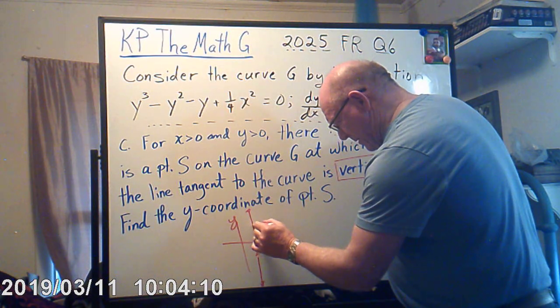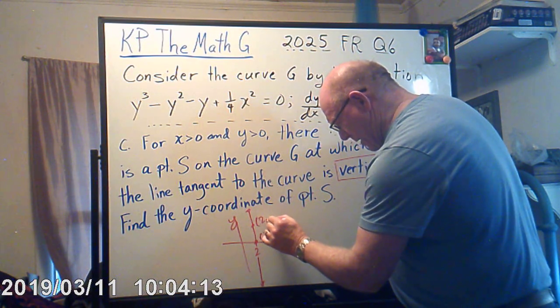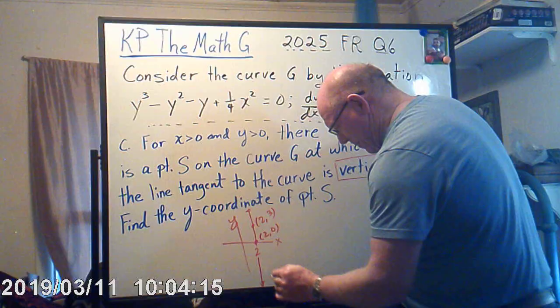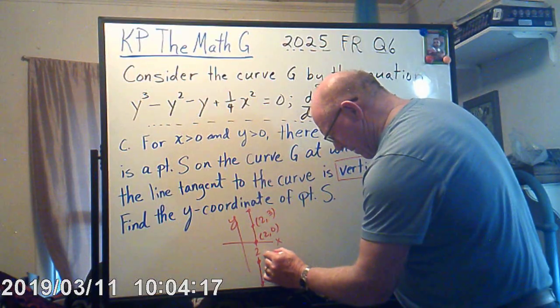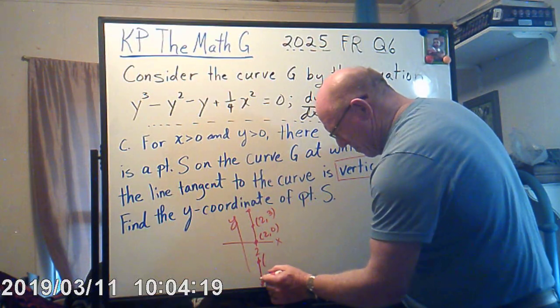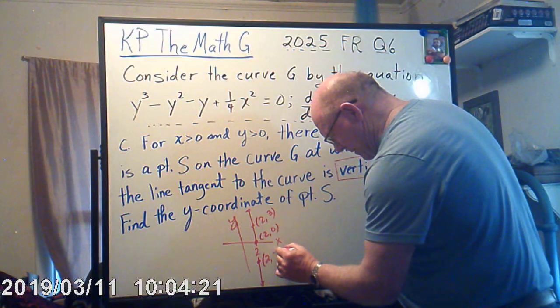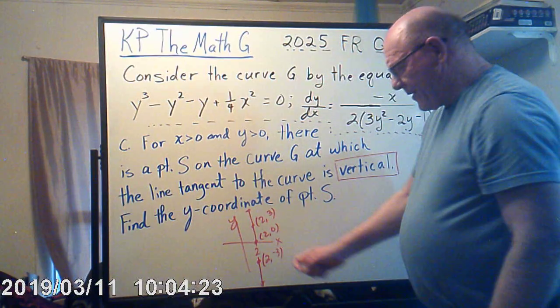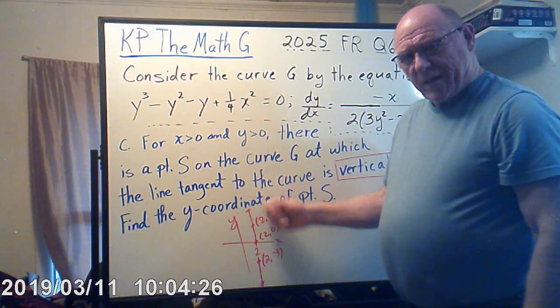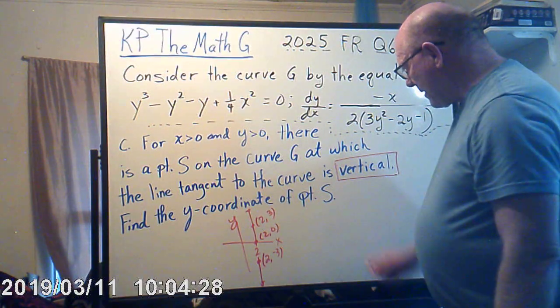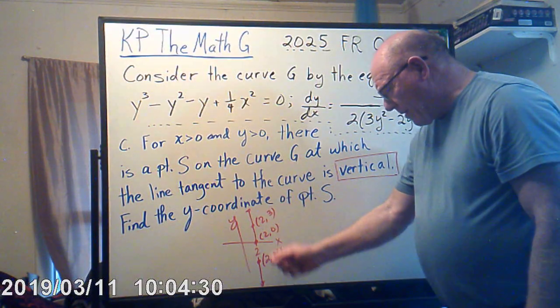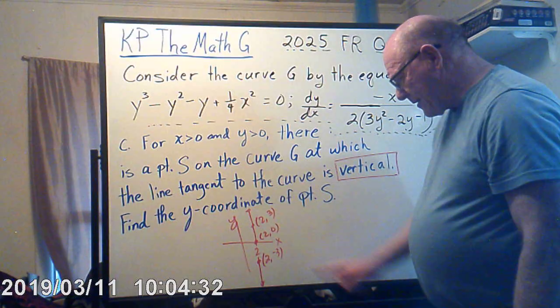Perhaps maybe this is (2, 3). Perhaps maybe this is (2, -3). All the x's are the same, aren't they? And so a vertical line will always have the x's the same.